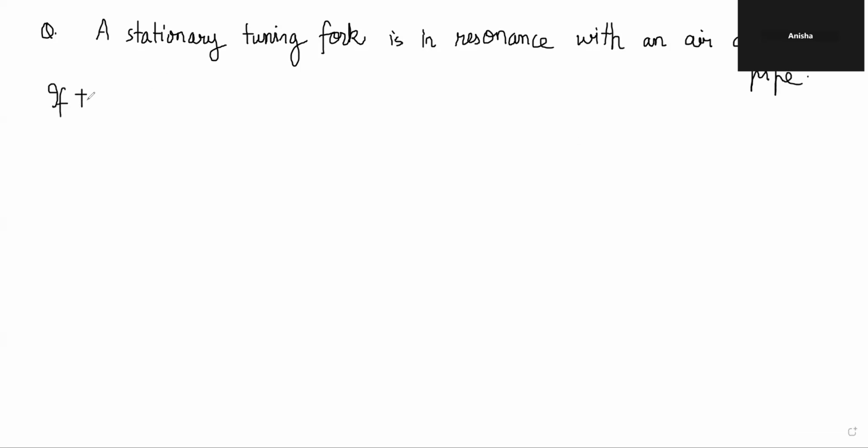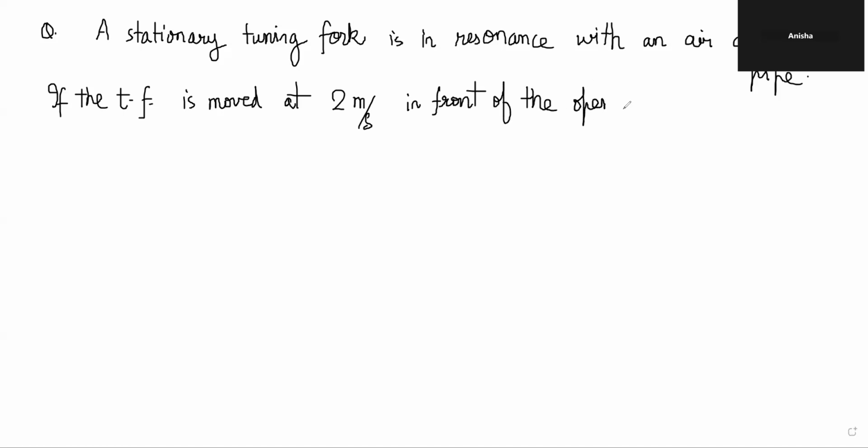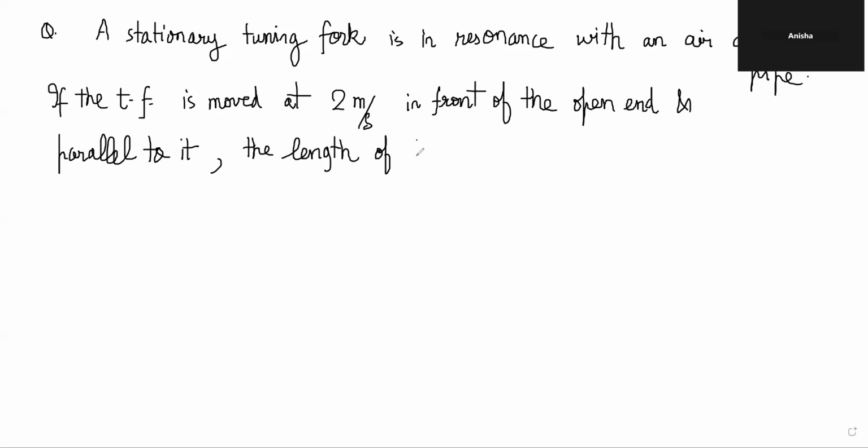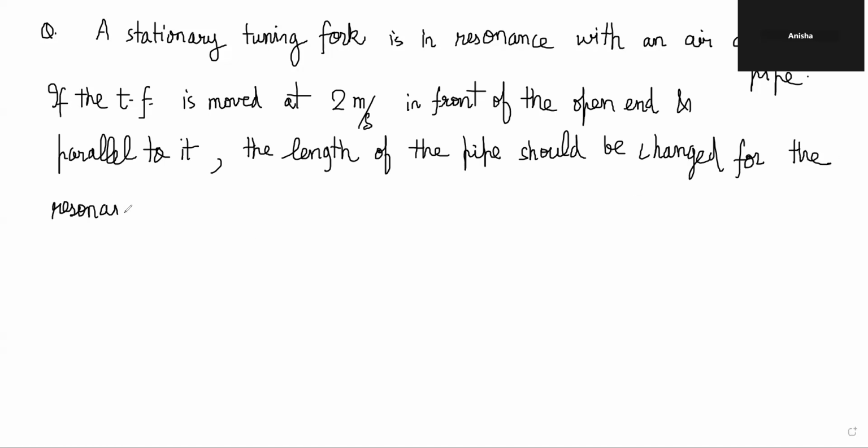If the tuning fork is moved at 2 meter per second in front of the open end and parallel to it, the length of the pipe should be changed for the resonance to occur with the moving tuning fork.